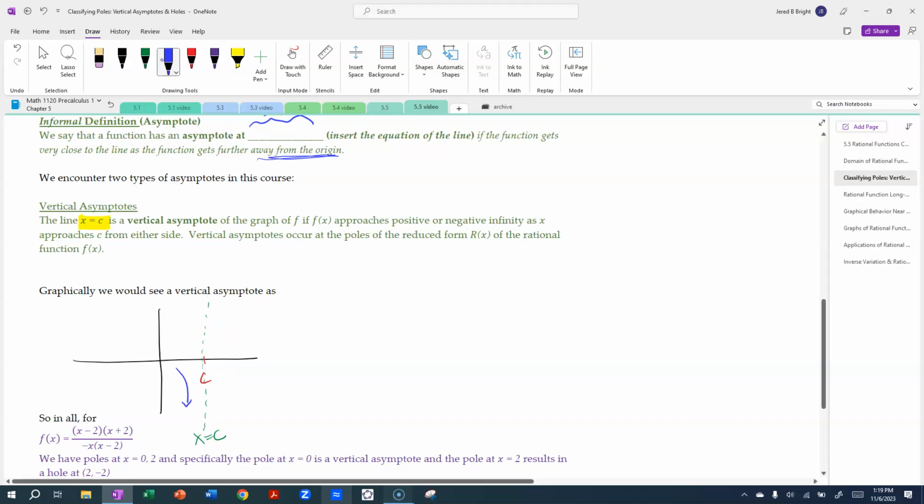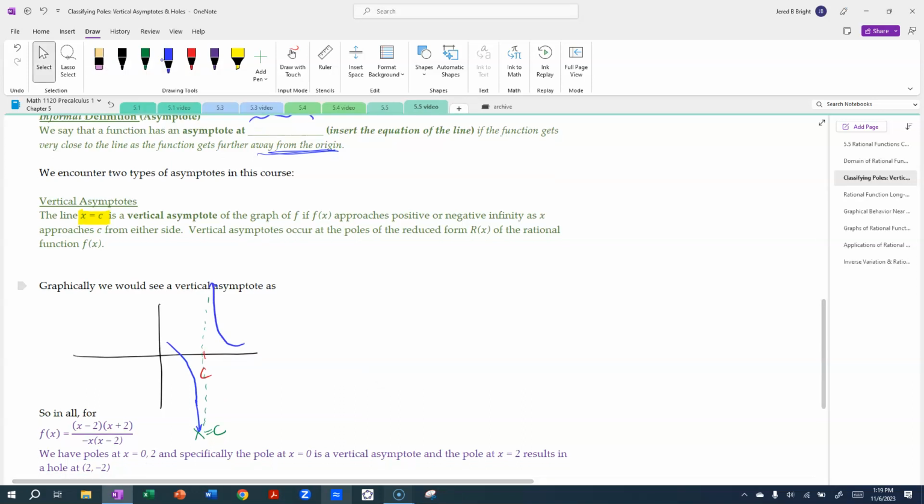You could go down on both sides, okay? Any variant thereof, but bottom line is, if you were to get closer to the vertical asymptote, you would get closer to it and extend away from the origin. Okay, so approach plus or minus infinity as you go on either side.